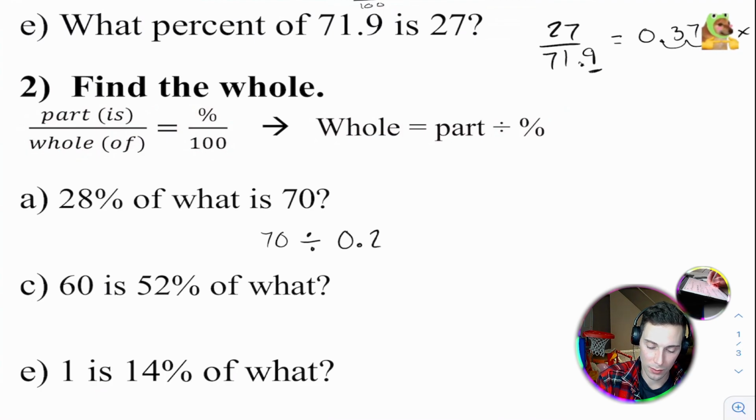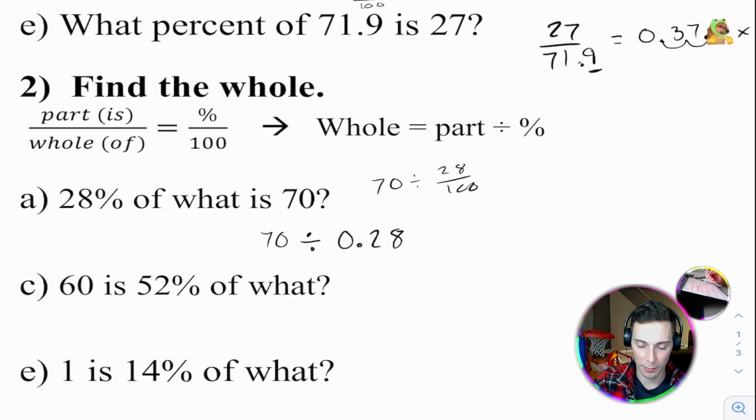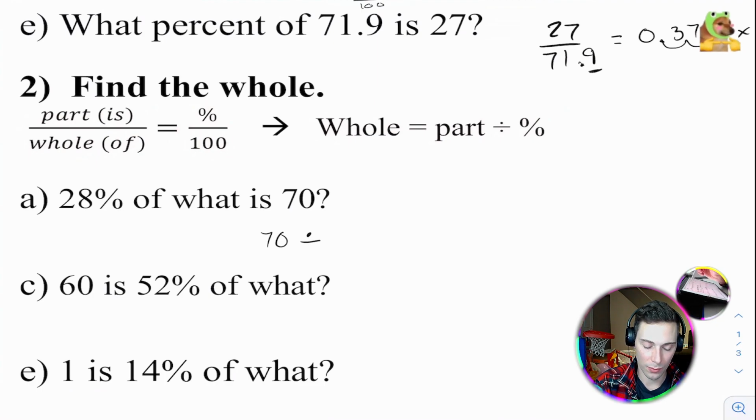0.28. I was having a conversation earlier with someone in my classroom, and they were going 70 divided by 28 over 100. So they were dividing by 100. Yeah, some flexibility in here in terms of what you do.